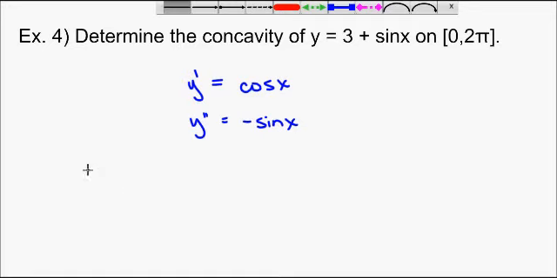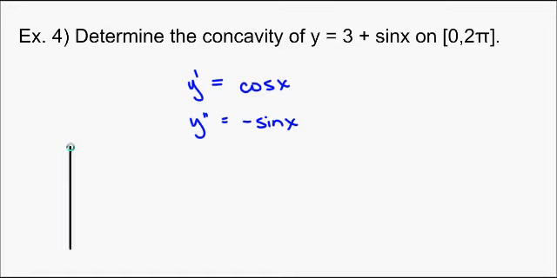Graphing negative sine x. Okay, so sine x would start here at 0, 0, so we're graphing it upside down to 2 pi. And 1 and negative 1.